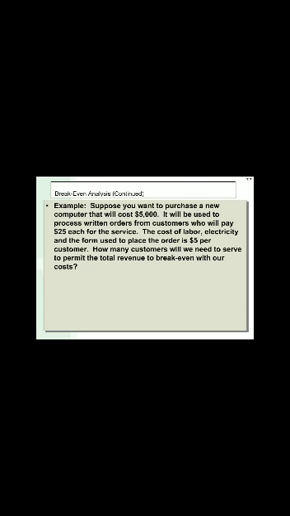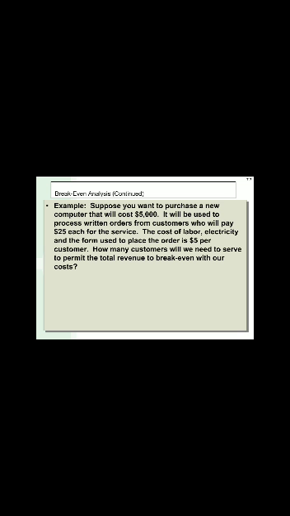Now, based on the formula, let's take this example and try to learn how the break-even analysis is done. Suppose you want to purchase a new computer that will cost $5,000.